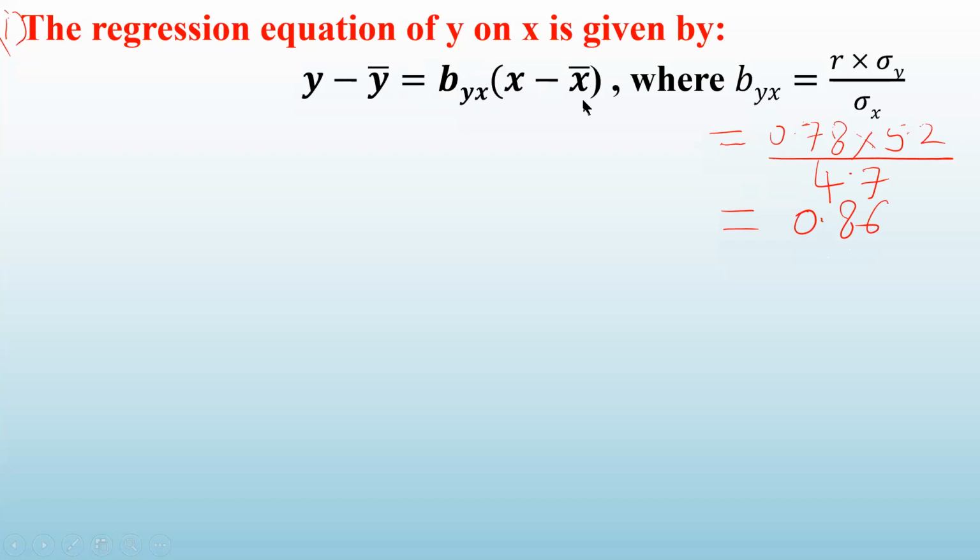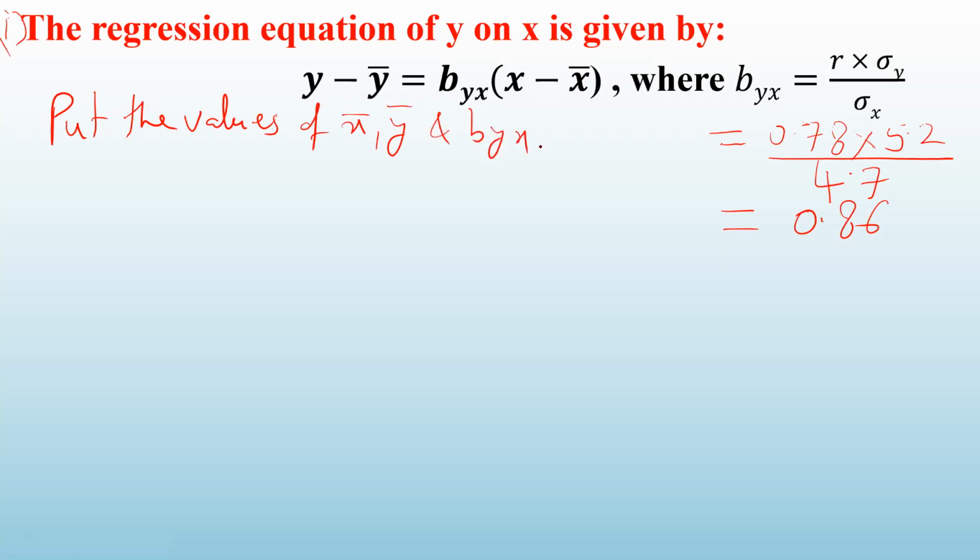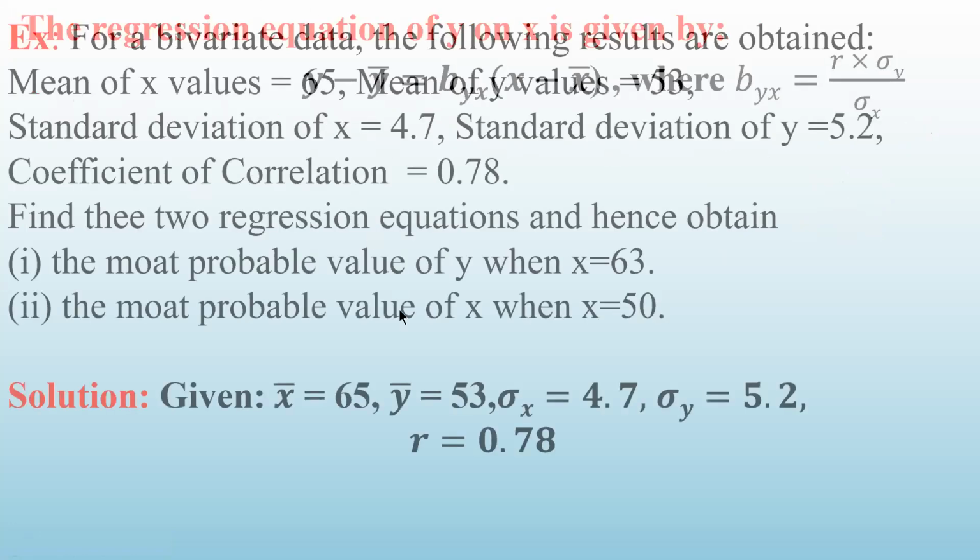Also, you know what is y bar and x bar. So put the values of x bar, y bar and Byx. So what we will get? We will get y minus y bar. What is the value of y bar?